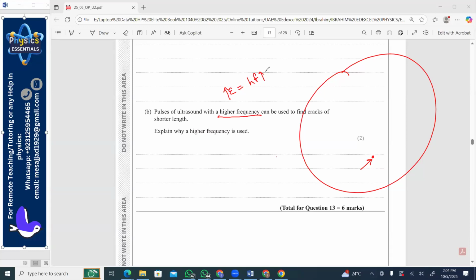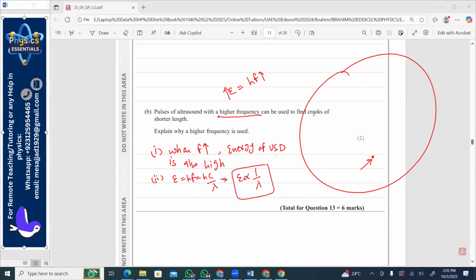Okay. So what you need to write in here is that when f is high, the energy of the ultrasound is also high. And when energy is high, you write E equals hf, and hf is hc over lambda. So from here, E is 1 over lambda, and you can easily see that it is inversely proportional.